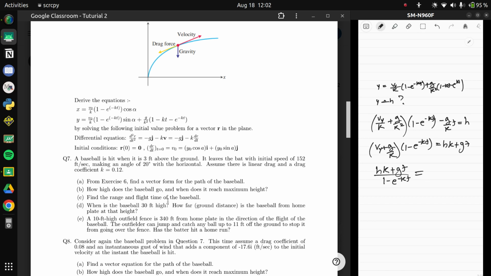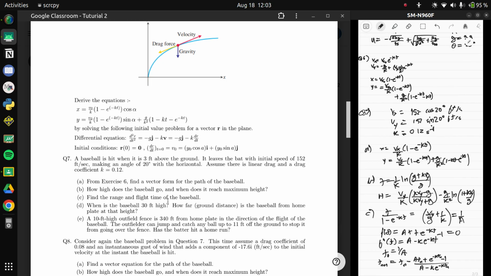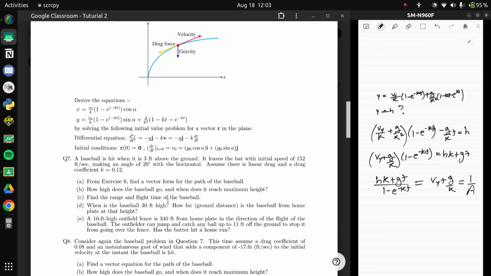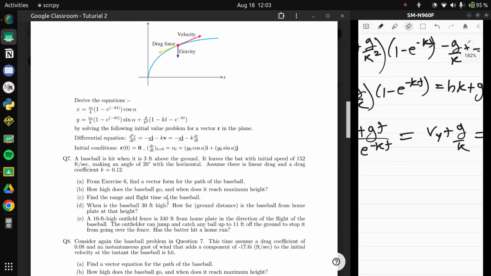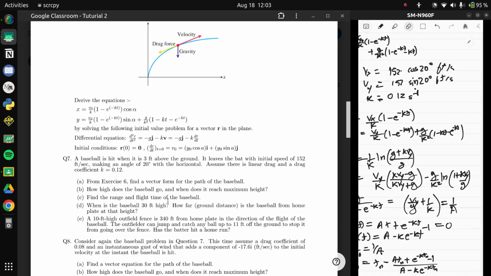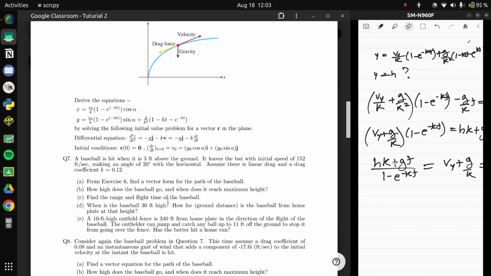So yeah, we need a better thing than this, don't we? Vy plus g upon k, let's call this thing 1 upon a. I guess so. Oh, there we divided by g, right? We can do the same thing over here as well, just divide by g. So over here it just becomes like t plus something.